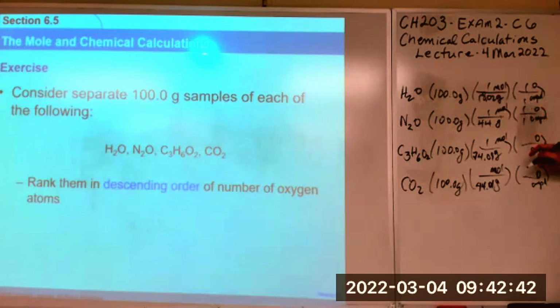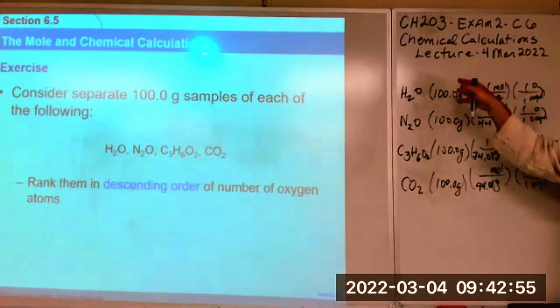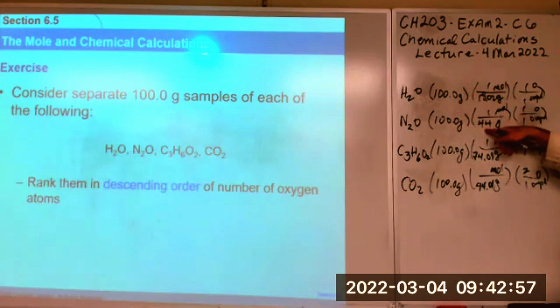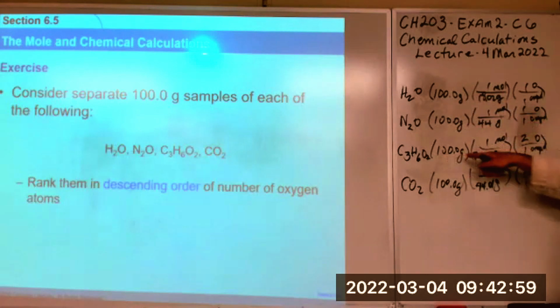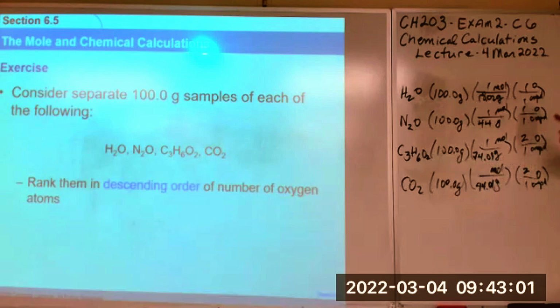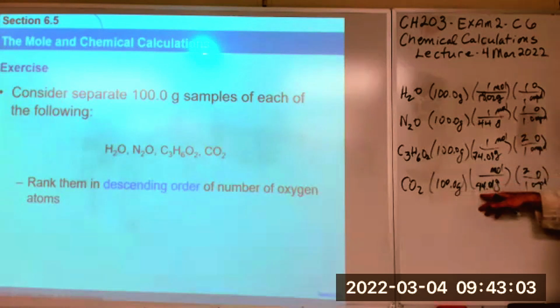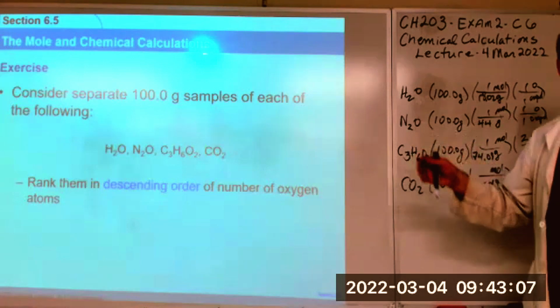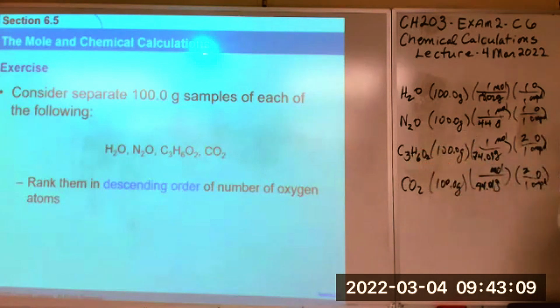This one's 1-to-1. This one's 2 oxygens for every compound. Now we've done all the thinking. Now all we have to do is say 100 divided by 18.02 times 1. That answers that one. 100 divided by 44 times 1. 100 divided by 74 times 2. 100 divided by 44 times 2. And then we can put them in order after that.